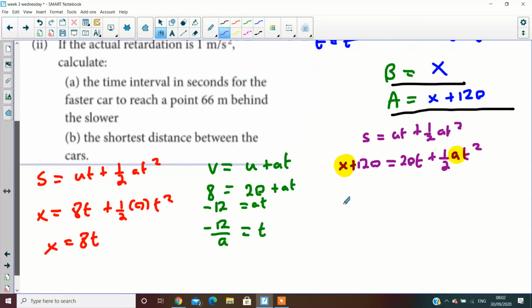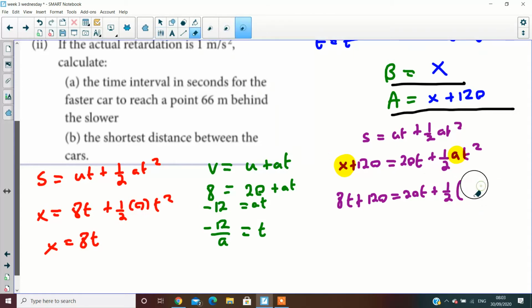X gets replaced with 8t. The a gets replaced with minus 12 over, oh sorry, not the a, my fault, the t gets replaced.